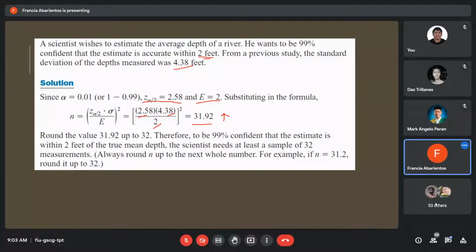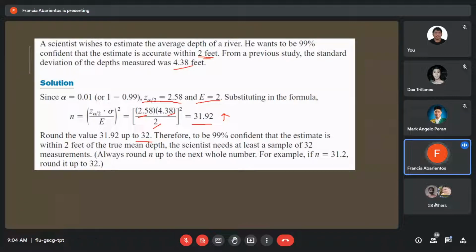But the general rule in sample size determination, we need to round up the value. If there is a fraction or decimal that was found in the answer, round up to make it a whole number. So round the value 31.92 up to 32. So therefore, 99% confident that the estimate is within the 2 feet of the true mean depth, the scientist needs at least a sample of 32 measurements.